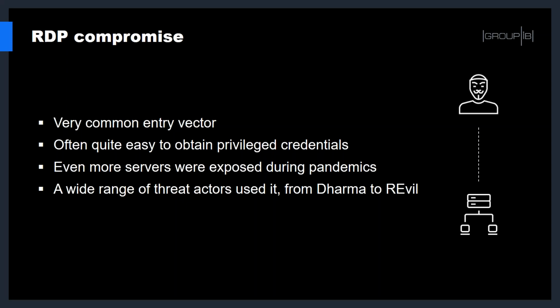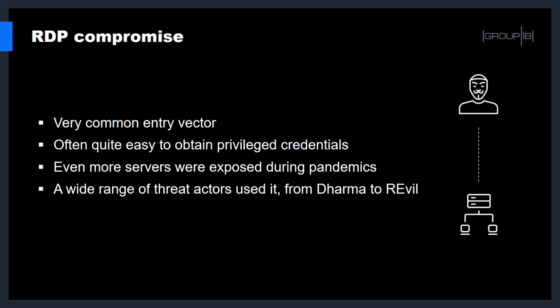So we've seen quite a lot of cases, not only for REvil, but for Maze and for many other quite sophisticated groups, because, as I already mentioned, these groups consist of different subgroups, and depending on the subgroup, TTPs may be quite different. So some use exploits, some use spear phishing, some use exploit kits, while others may use such common initial access vectors as RDP compromise.